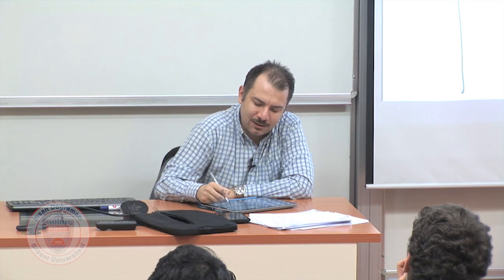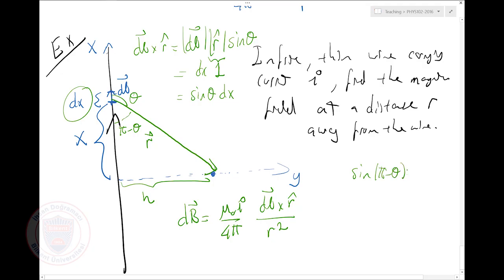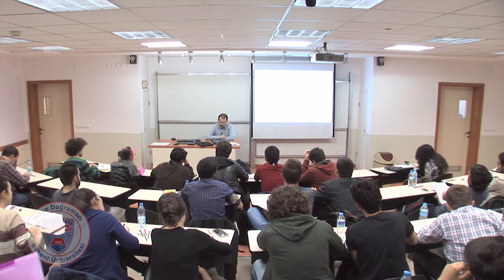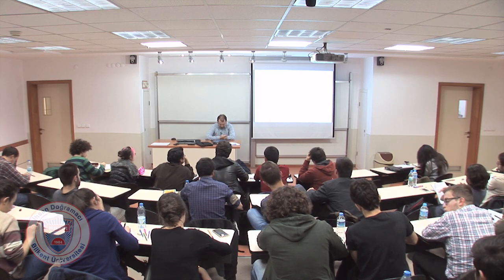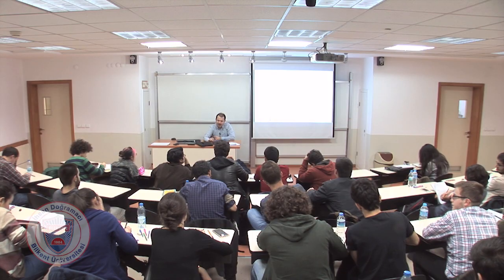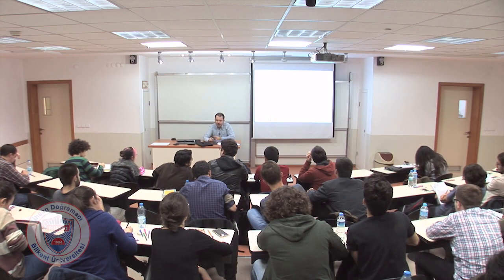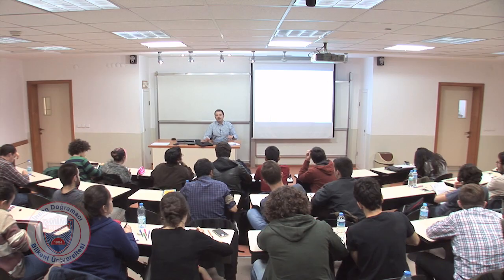Now, the angle here is pi minus theta, but sine of pi minus theta, 180 minus theta, is actually the sine of the same angle. So it's going to be h divided by square root of h square plus x square, right? Good. So let's actually take our break now. When we come back, I'll review and finish solving this problem.